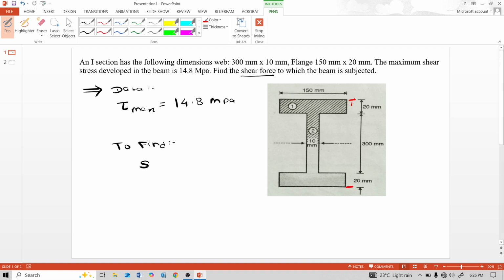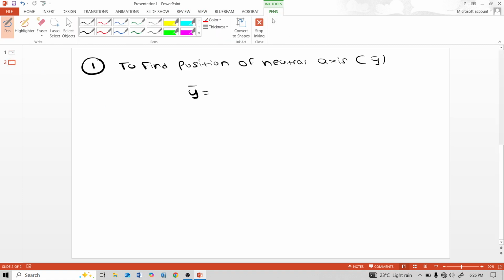This total distance is 20 plus 300 plus 20, 340 mm, and divided by 2 is 170 mm. So total height 340 divided by 2, 170 mm, is the position of neutral axis.